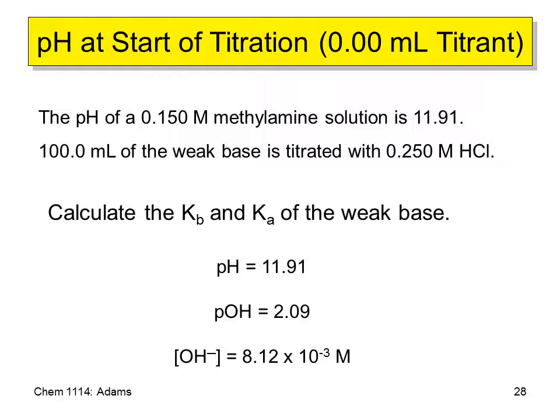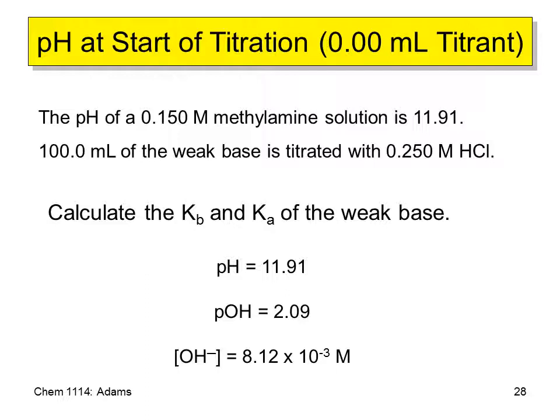The problem statement is 100 milliliters of 0.150 molar methylamine solution are titrated with 0.250 molar hydrochloric acid. And I give you the initial pH. So this one is a little bit different. It's backwards from what I asked in the first one.